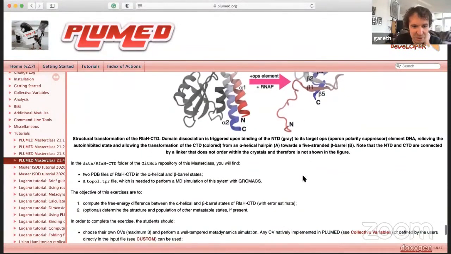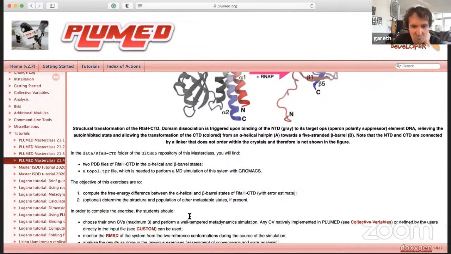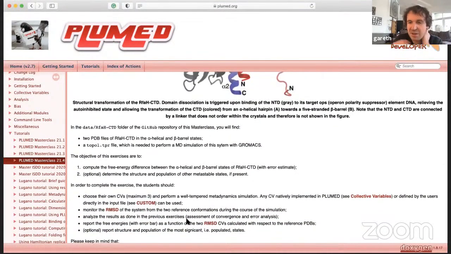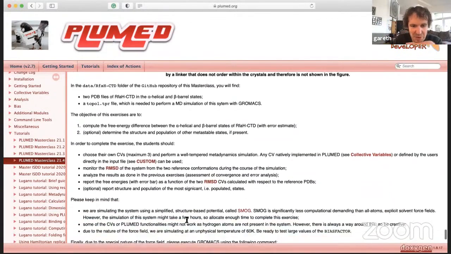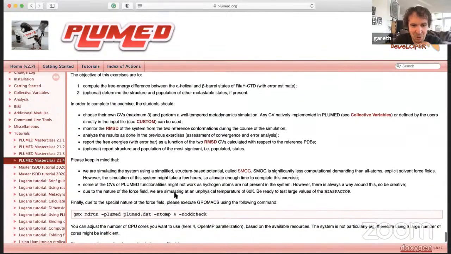And it's up to you to try to work out what the appropriate CVs are, to work out how to run the simulation, and to try and extract that free energy surface with suitable error bars to post on Slack. The important thing to bear in mind is that although this is not using a full expensive simulation in explicit solvent or anything like that, it is going to take a few hours to run that calculation.